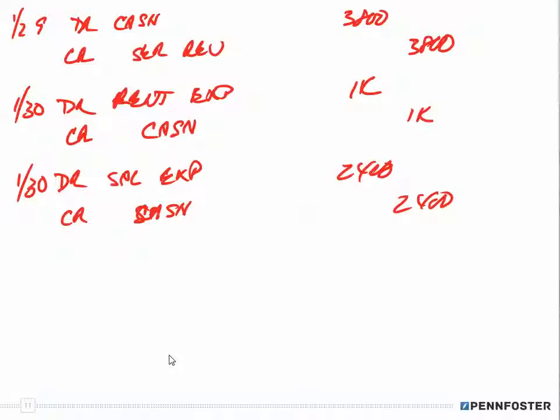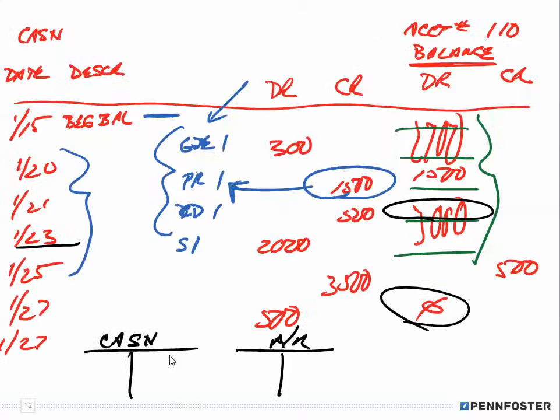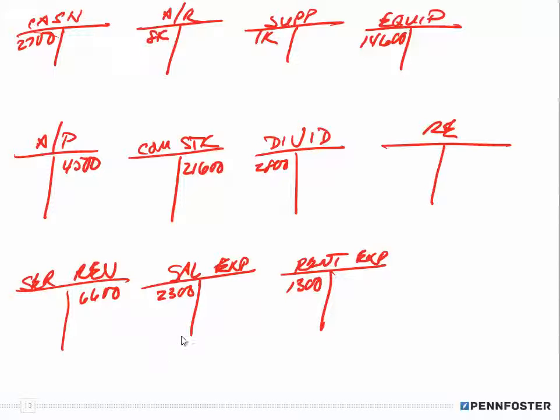I keep on hearing, oh, my debits don't equal credits. Usually it's not in your decision of how you're making the journal entry. Even if you did make the journal entry wrong, debits still have to equal credits. If you've made a mistake in math, adding up the numbers, writing the numbers in, or choosing the wrong side, your debits have to equal your credits. So you might want to double check yourself. On the credit side, you have 4,500, you have 21,600, and you have 6,600.